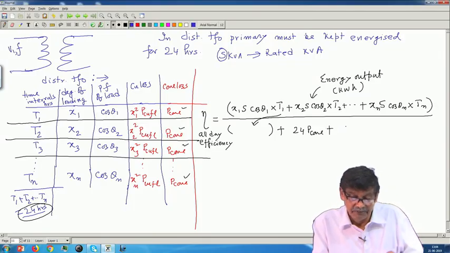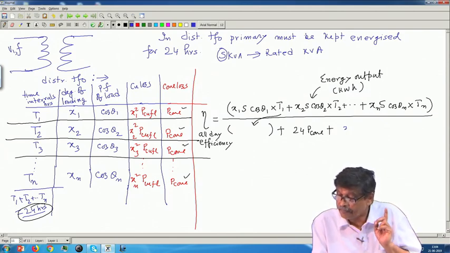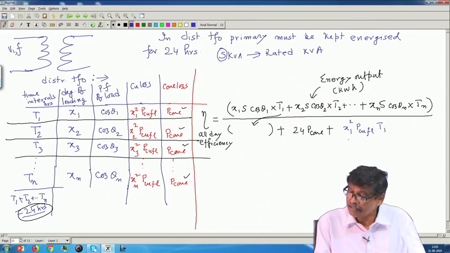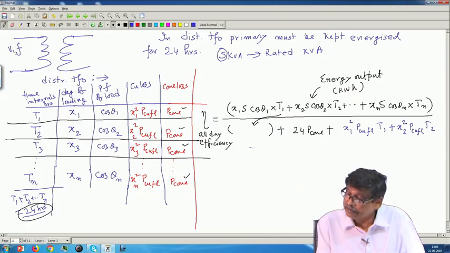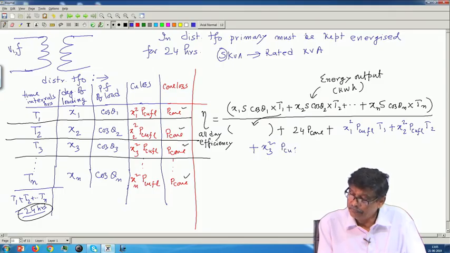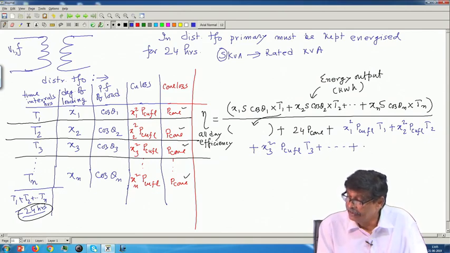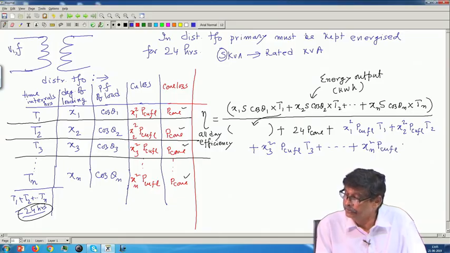First T1 hours, it will be x1 square P CU full load into T1, plus next T2 hours x2 square, because degree of loading changes, full load into T2, plus x3 square P CU full load into T3, plus last term xn square P CU full load into Tn.